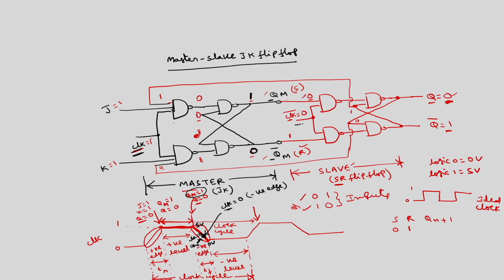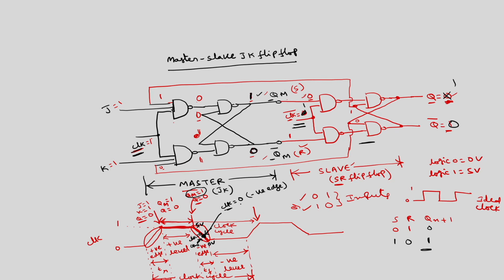Now, this slave will be enabled because clock is equal to 0, clock bar becomes 1. So, this will be enabled. For an enabled flip flop, the input is S is equal to 1, R is equal to 0. When S is equal to 1, R is equal to 0, Qn plus 1 is 1. So, this becomes 1, this becomes 0, means the output is changing.